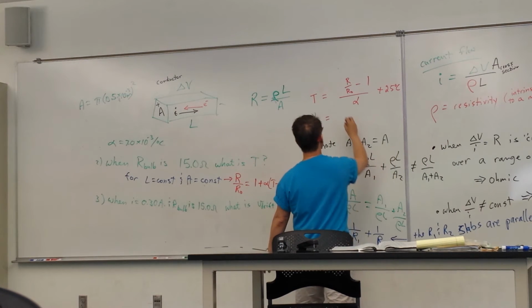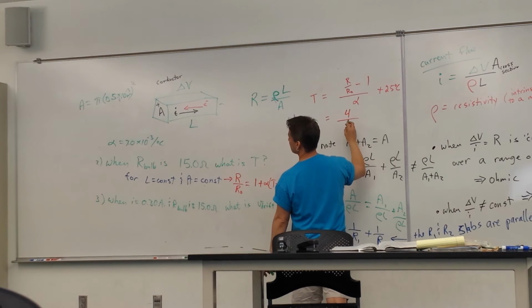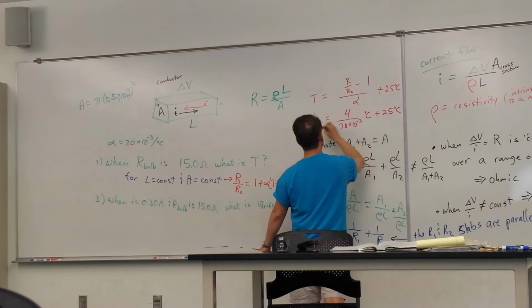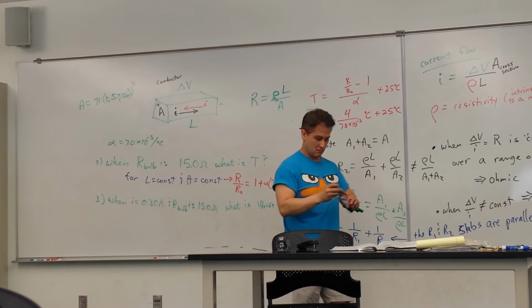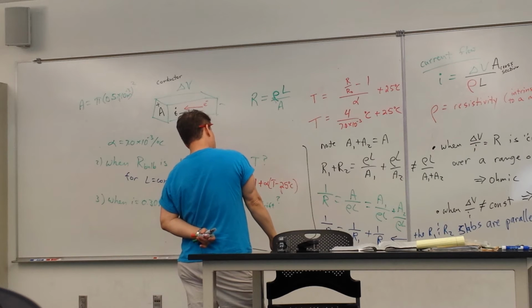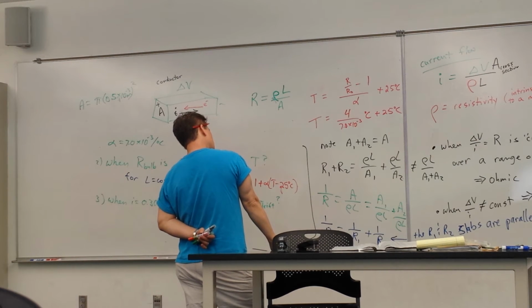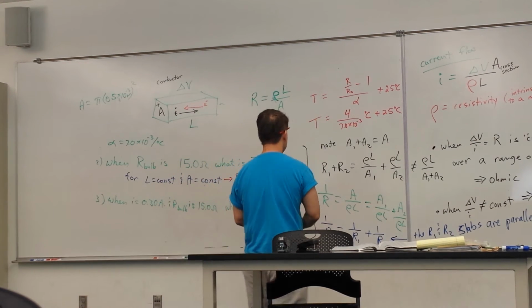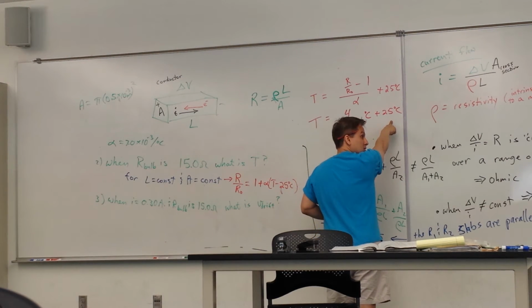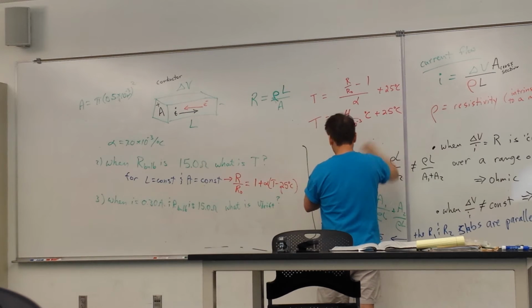It's 15, so it's 4 divided by alpha, and this would be in units of Celsius plus 25. So, 600 Celsius? 596, yeah. And that's plus the 25, right? Yes, correct.